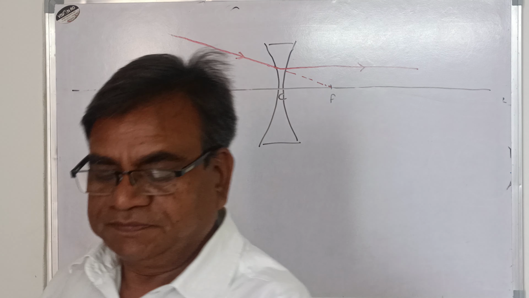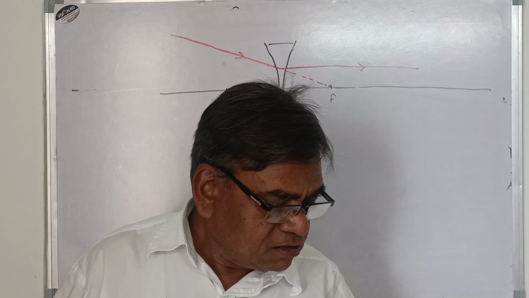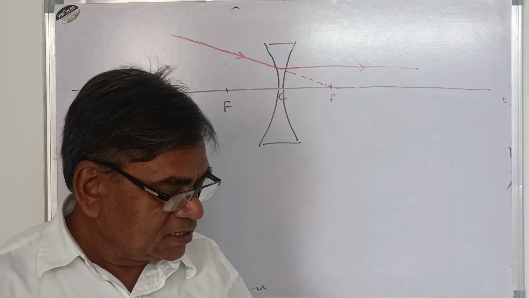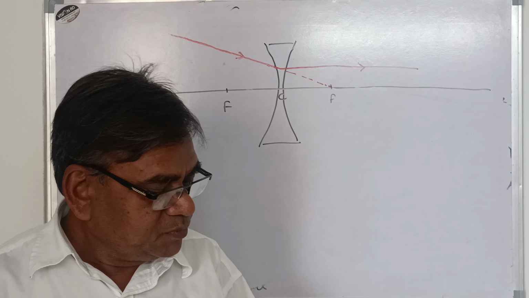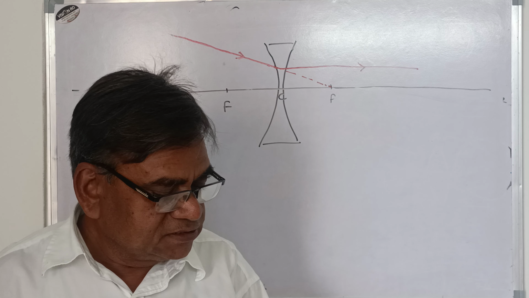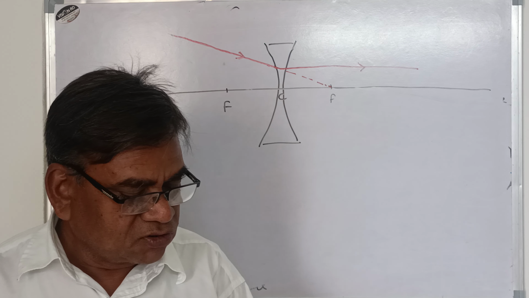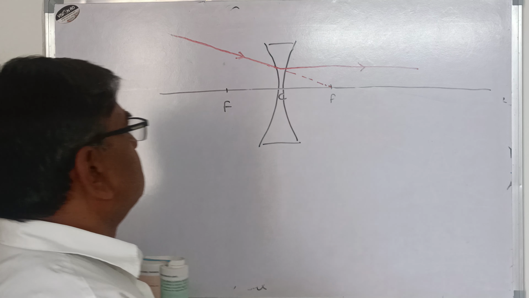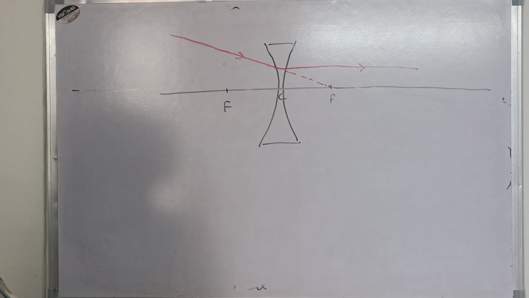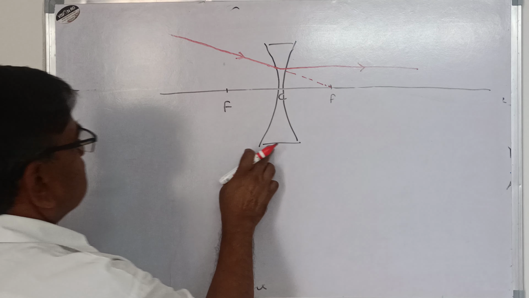Question 5. A. What type of image can a convex lens make? B. What type of image is always made by a concave lens? So the types of image by a convex lens you have learned in previous lectures.